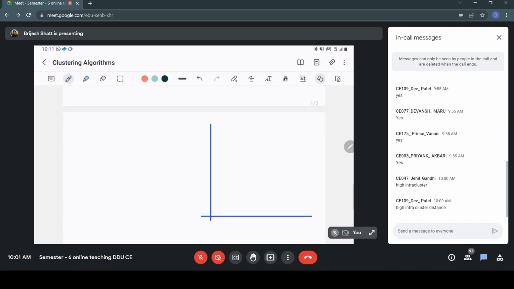By outlier, what I mean is if your data points are something like this, and you are trying to do clustering, then this outlier would shift your mean drastically.